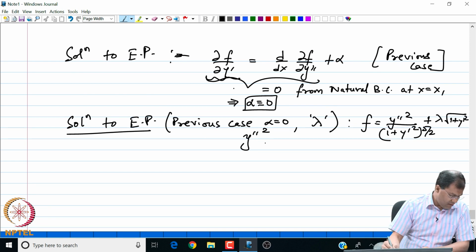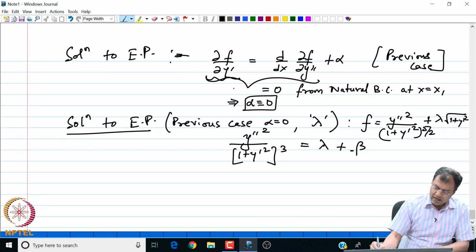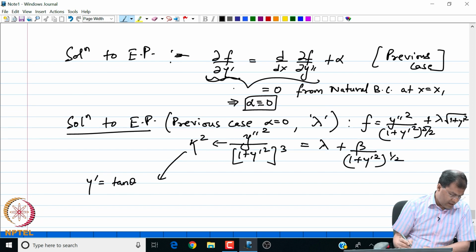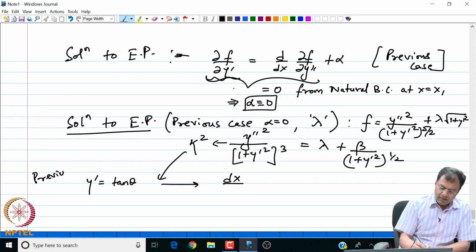For this f, my equation reduces to the following: y double prime square over (1 plus y prime square) in the denominator is equal to lambda plus beta times (1 plus y prime square) to the power 1/2. Notice that the quantity on the left hand side is kappa square, and again we use the same set of substitutions to solve this equation, that is y prime equal to tan theta, and then again we are going to get a set of two equations. So, this is again from the previous example.